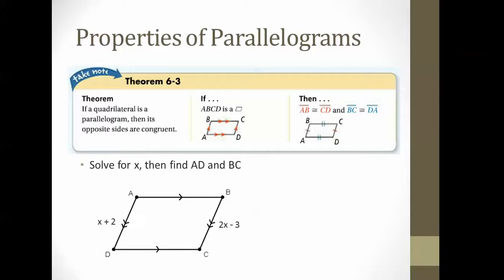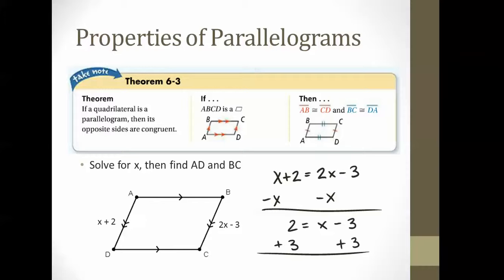So in this example, it says solve for x, then find the length of segment AD and the length of segment BC. As we just learned, because opposite sides are congruent, we're going to set these expressions equal to each other. Again, isolating x, getting x by itself, in this case on the right side, and then we'll add 3, we get x equals 5.